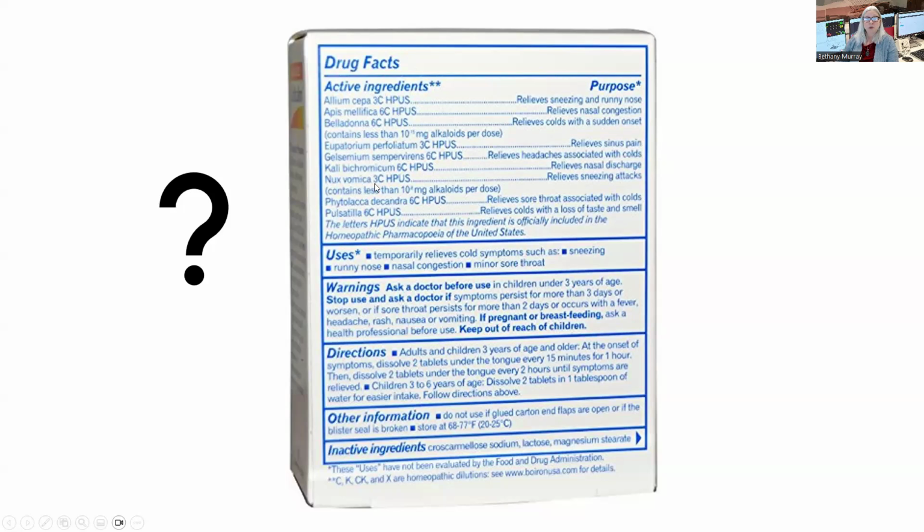Nux vomica, I don't know what that is, but I assume because it has the word vomica in it, it must be anti-vomiting a little bit. But really, unless you're studying homeopathic medicine, the way homeopathic medicine works is you have microdosing to treat symptoms. So this would not be a medication that I would recommend to people because I just am not familiar with the ingredients and couldn't really give them any kind of advice over using this medication.